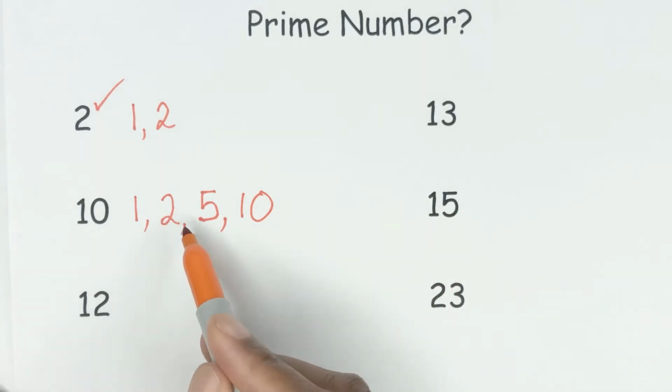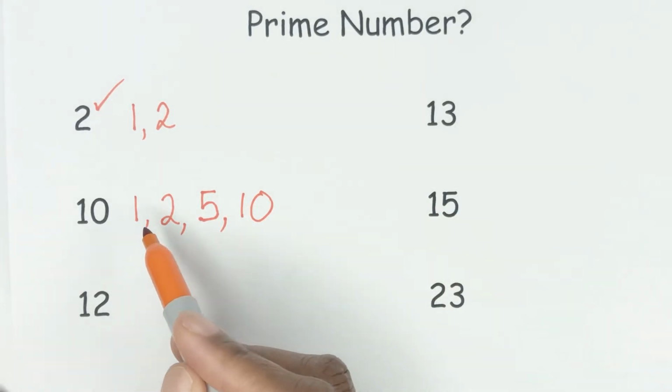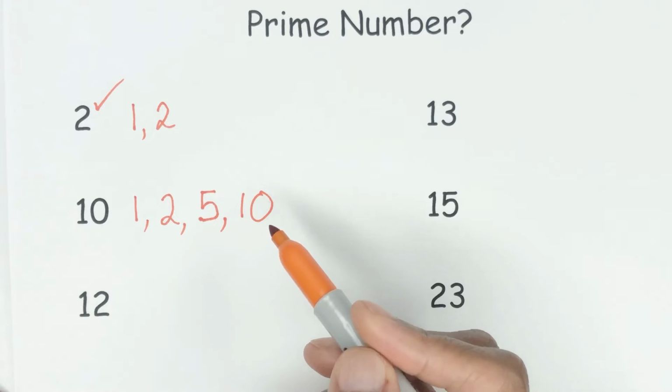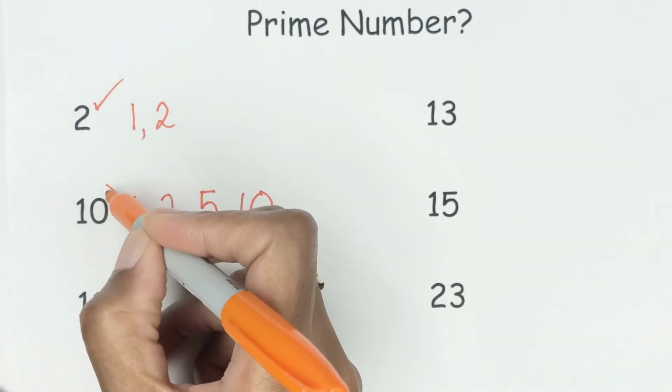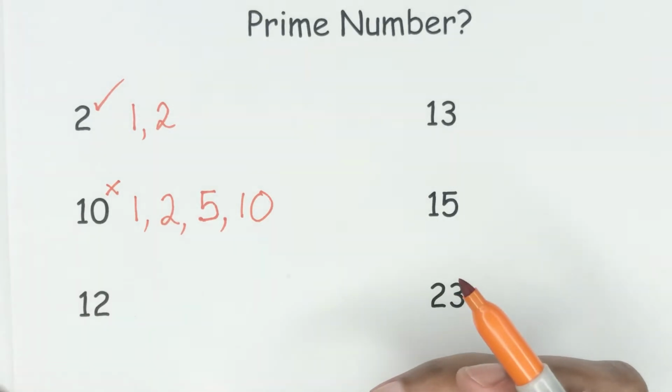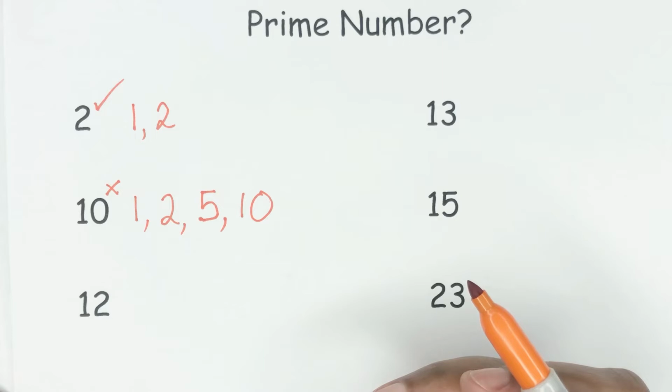So these are the factors that make 10, which are more than two factors. So number 10 is not a prime number, right? The opposite of prime number is a composite number. We'll go into composite numbers in another video.